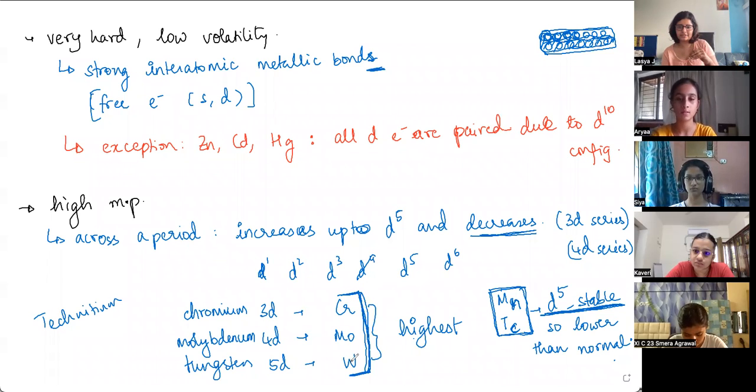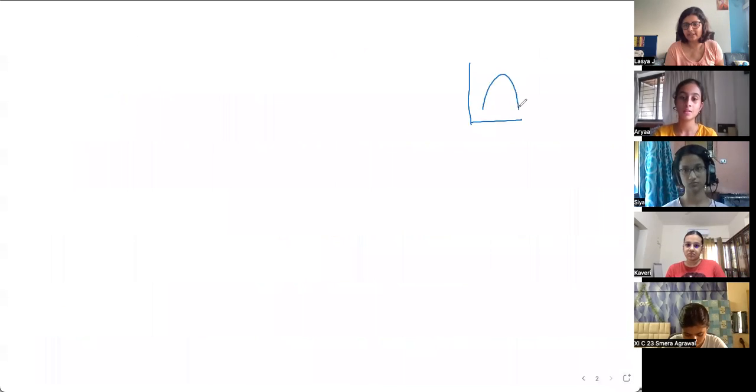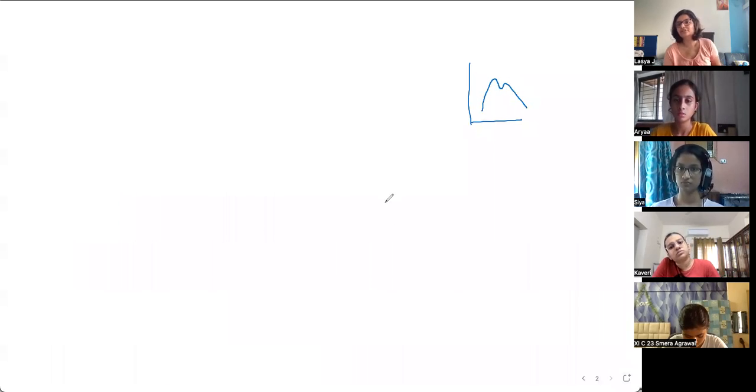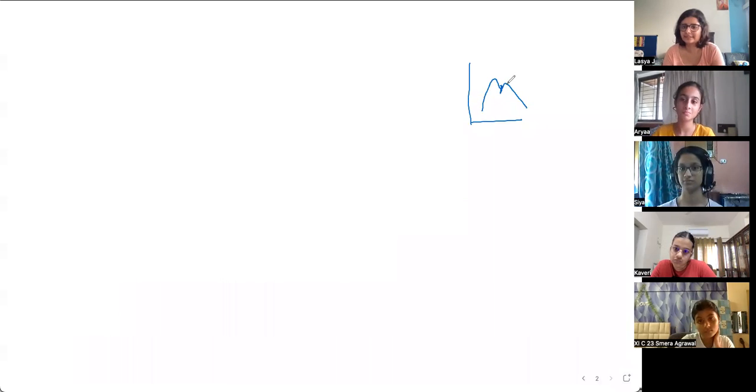See, the graph kind of looks like this. It's not like this. It increases up to a point, there's a small dip and then it reduces. So why is that dip? That's specific only to manganese and technetium. You observe this dip only in the case of manganese and technetium. That's why we mention them specifically.